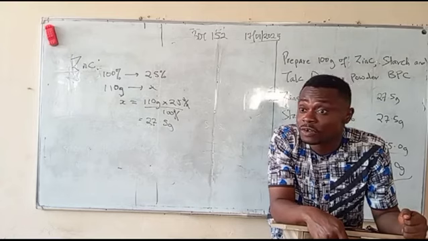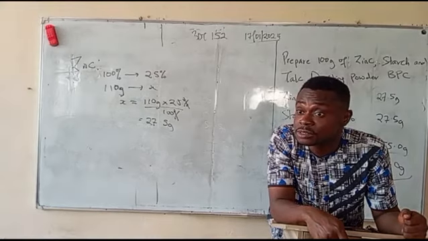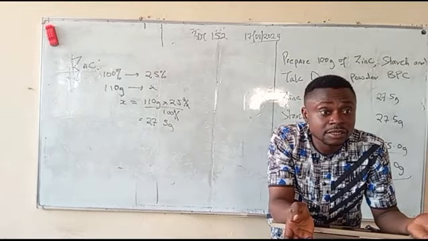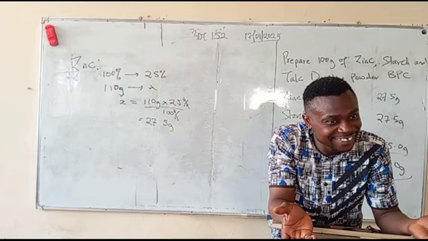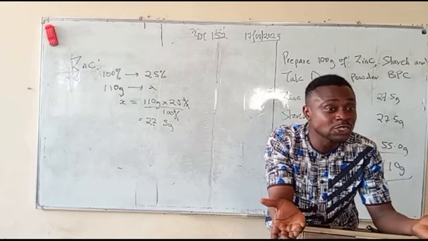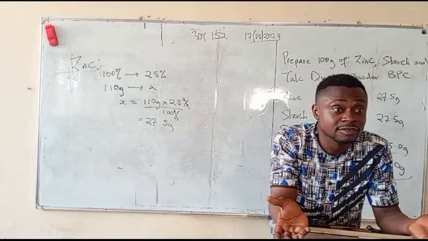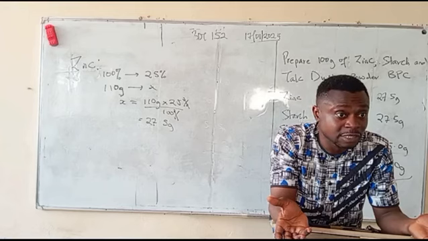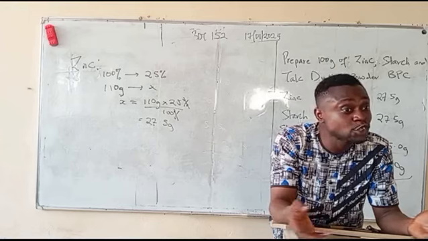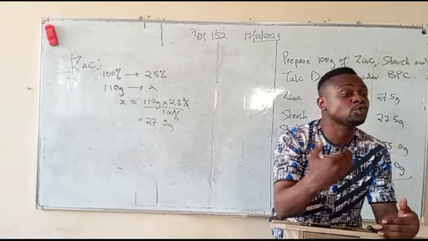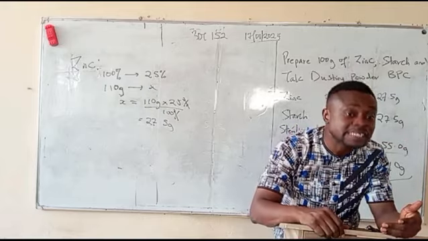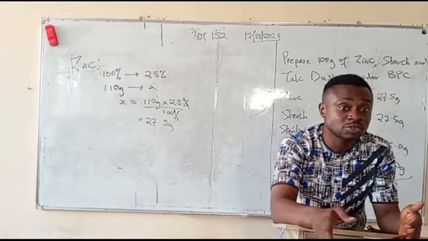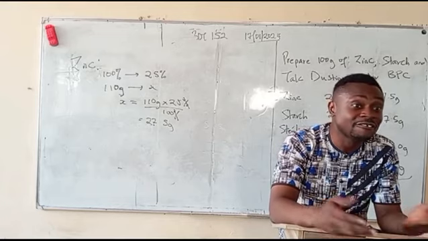60% of 100 is what? 60. It depends on the quantity of what you want to sieve. Am I completing? So you are told that not more than 40% can pass through a particular sieve number. That means those that can pass through are less than 40.